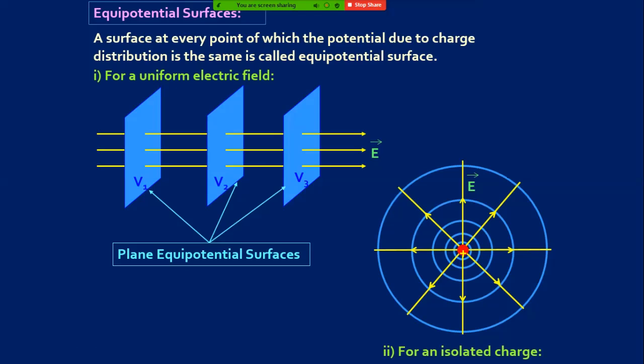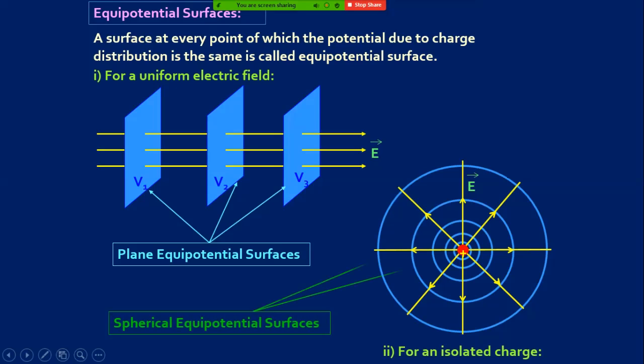You know it very well that the charge distribution on the surface of a solid sphere is the same at any point. So this is also an example of an equipotential surface. This is the example of a spherical equipotential surface.